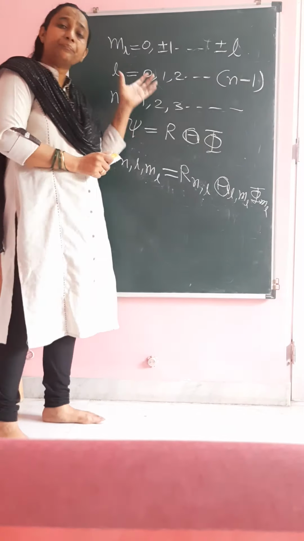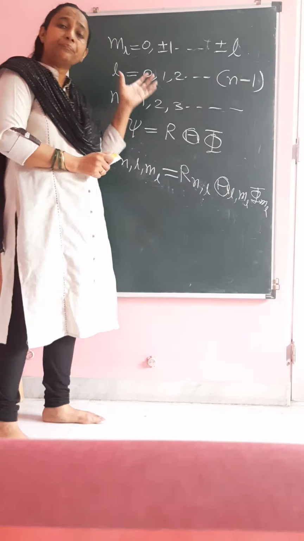For the S state it is 0, P state it is 1, D state it is 2, then 3, and so on. So if I speak about any P electron, I mean that the value of l for that electron is 1. In terms of 0, 1, 2, 3 and so on, the corresponding values are fixed.